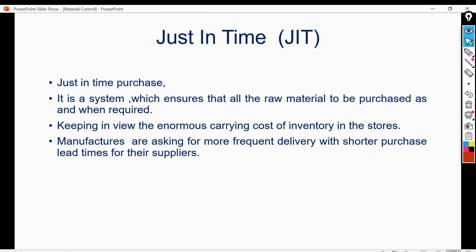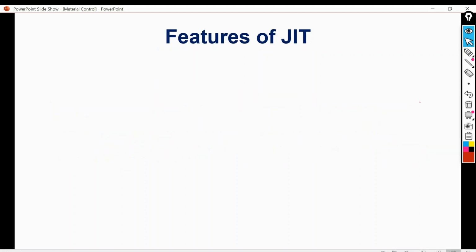Manufacturers are asking for more frequent delivery with shorter purchase lead time from their suppliers. More frequent delivery means whenever we require, we order and receive delivery of our goods.